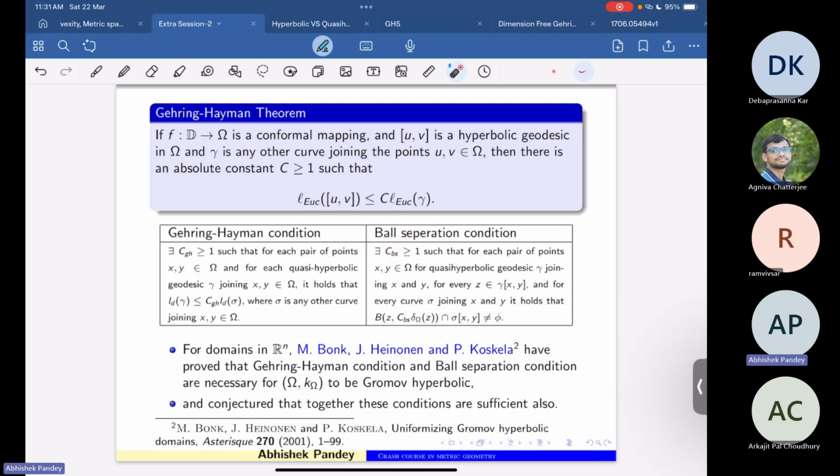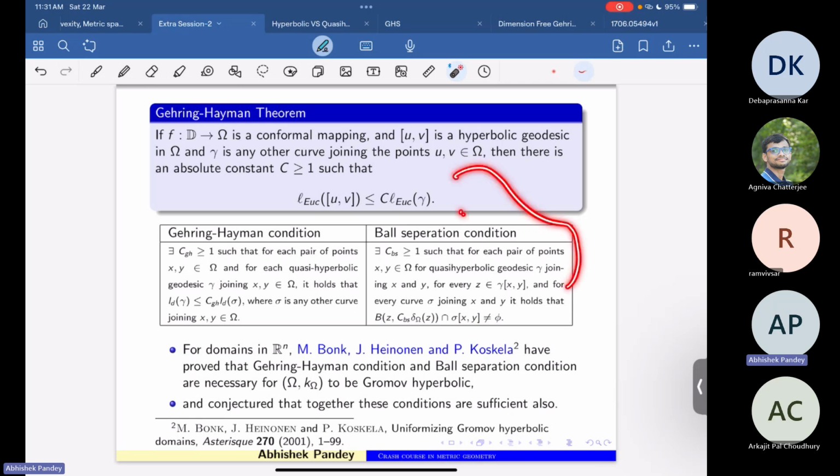Such that for each pair of points x, y, and for each quasi-hyperbolic geodesic joining them, we have the following.